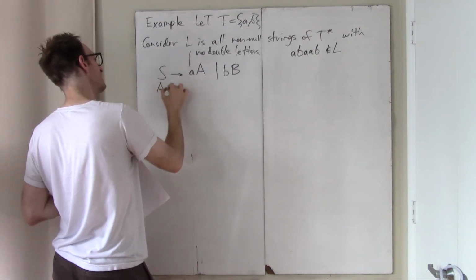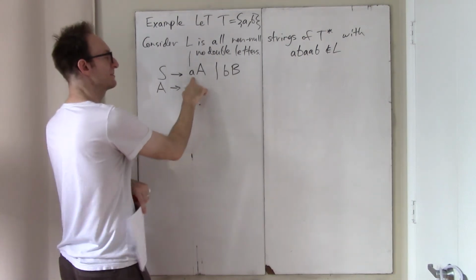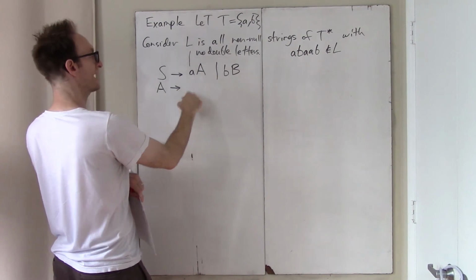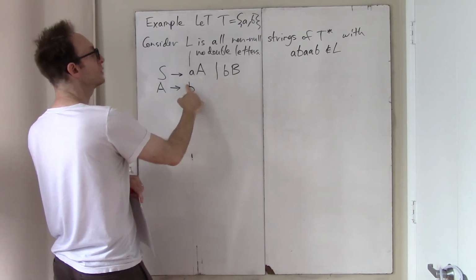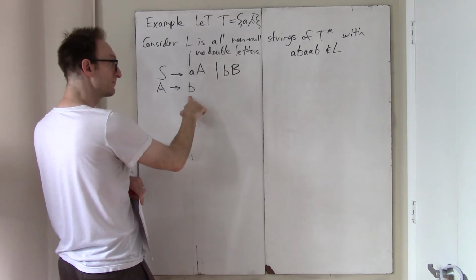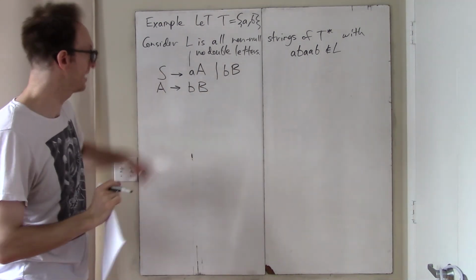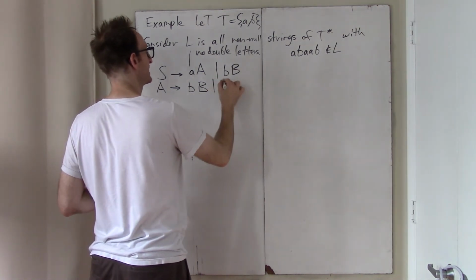But, of course, if an A came previously, then a B must come next. And so I have two options. I can either make a B and then go to big B, or I can just end the string at any given point.